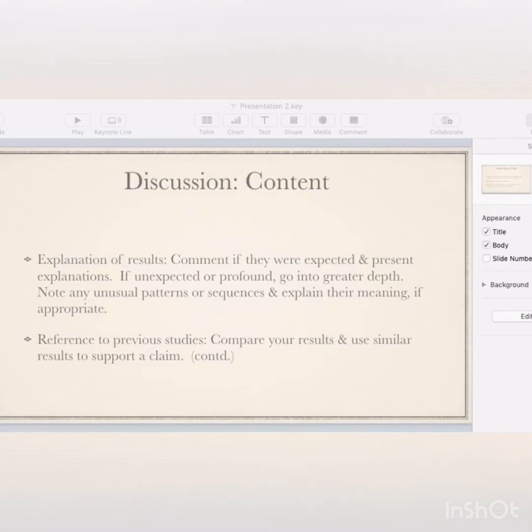Number one, to compare the results of our own study with those of recently conducted studies addressing the same problem, and also to use similar results from recent studies to support a claim which we may be making in our research.